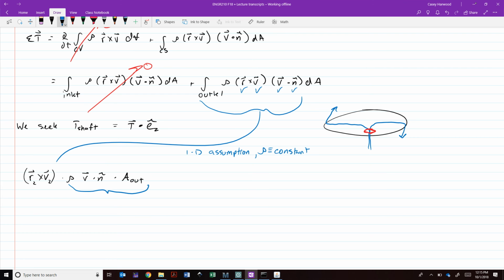Mass flow rate. This turns into m dot. So just as a comprehension check, R cross V, we already said earlier, is the angular momentum per unit mass. So this should represent the amount of angular momentum leaving the control volume through this outlet.